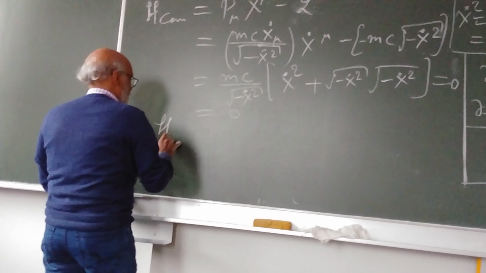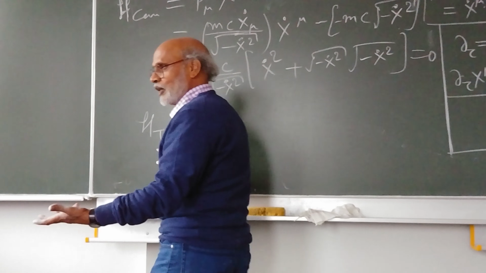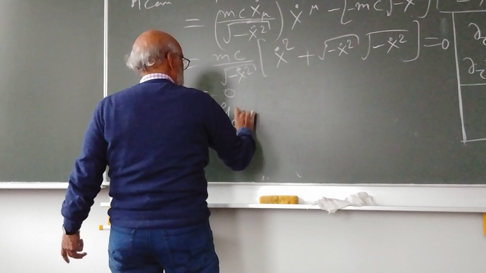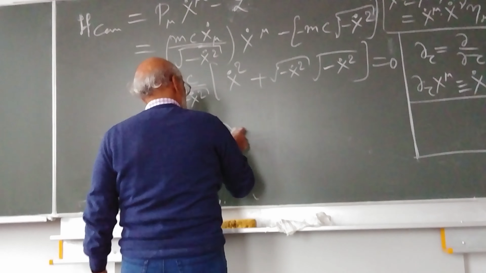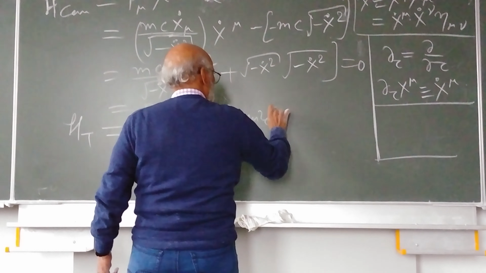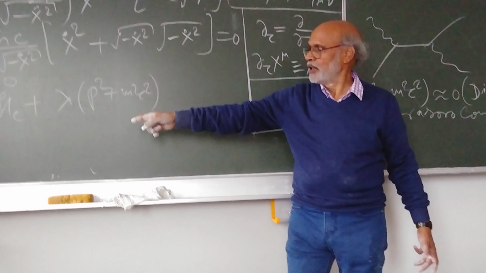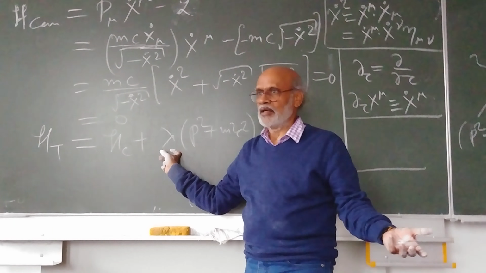the correct way to handle a theory is to construct a total Hamiltonian, which is the canonical Hamiltonian plus the constraint in the theory added with the help of a Lagrange multiplier field.